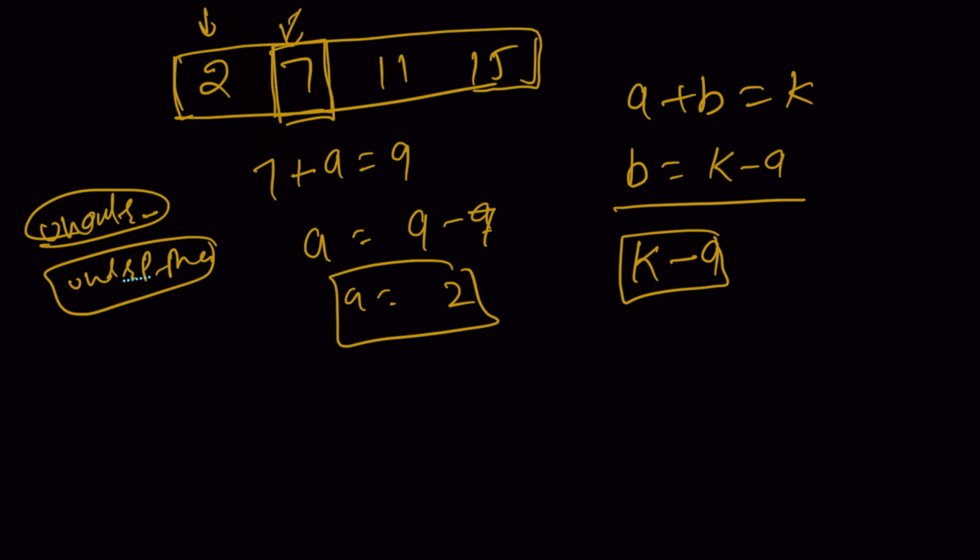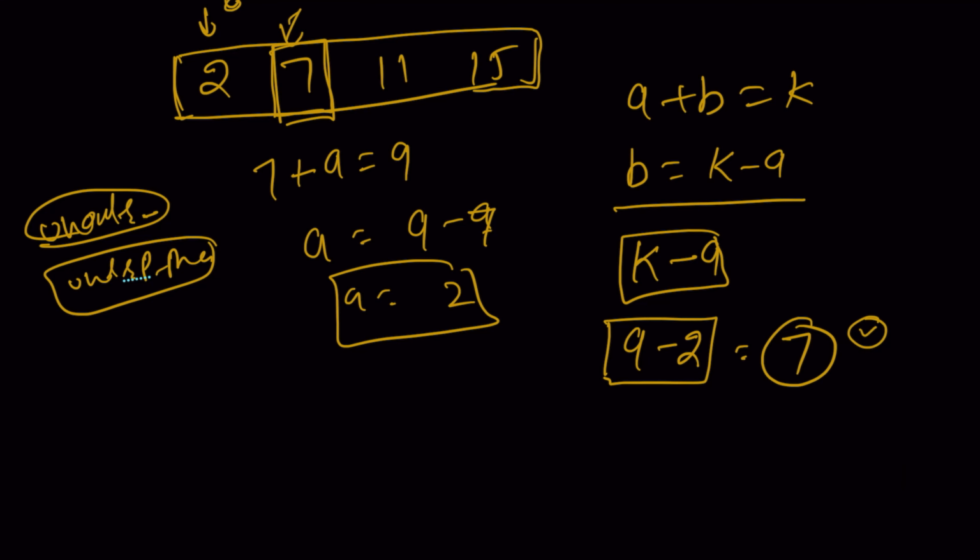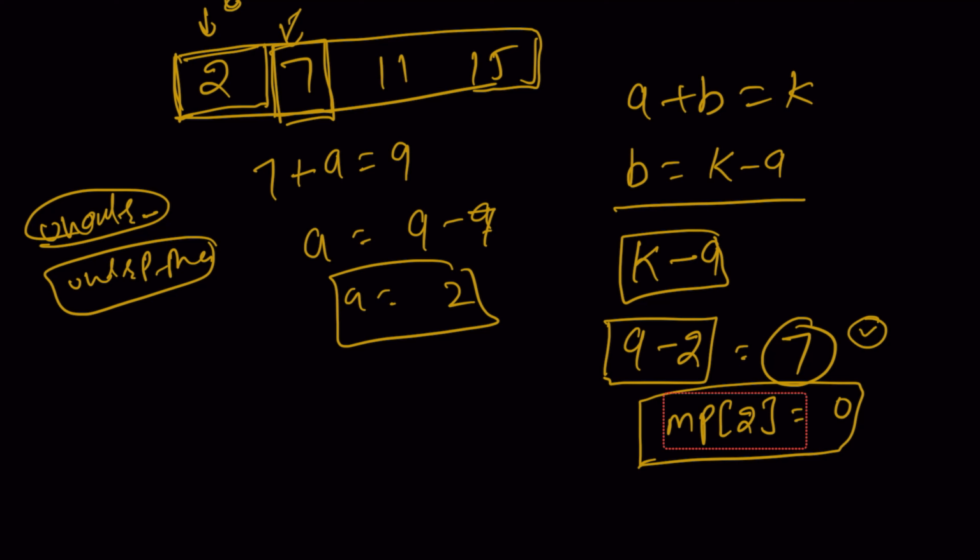First I will go to index i equal to 0, and I'll check whether 9 minus 2 is present in this unordered map, that is, already visited or not. 9 minus 2 is 7, and as our map is empty as of now, this will return false. After that I will insert 2 in our unordered map with its index, so mp of 2 is equal to 0.